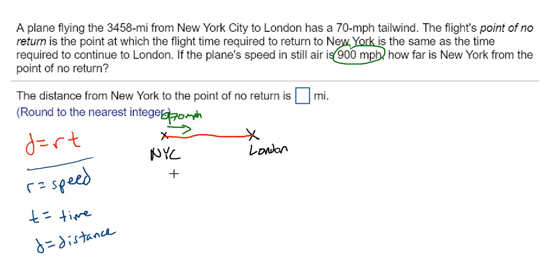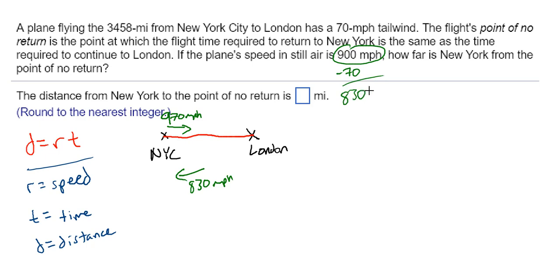However, if it changed its mind and wanted to return back to New York, which is what the question's about, it would be flying into the wind and would be slowed down by 70 miles per hour. So if it turned around and went this direction, the plane would only be going 830 miles per hour, because on its own it would be 900 miles per hour minus that 70 mile per hour wind.